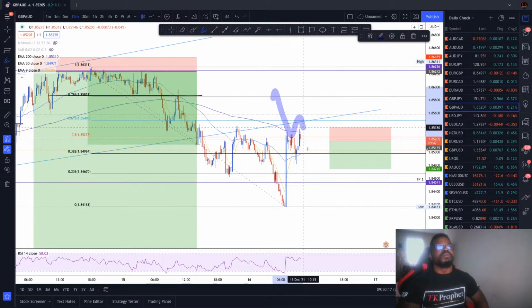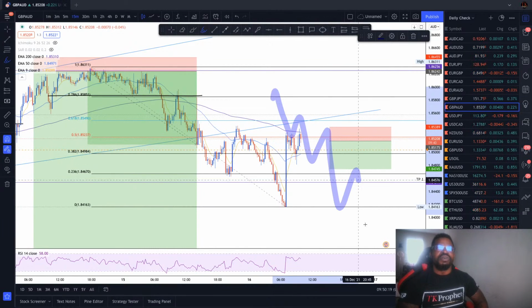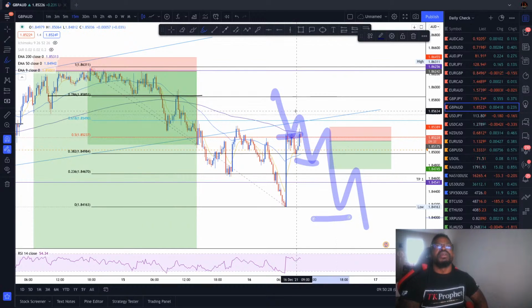for instance, we're making a downtrend. In order for a downtrend to remain valid, price would need to create lower lows and lower highs. Now in a lot of cases it may not be as clean as that.